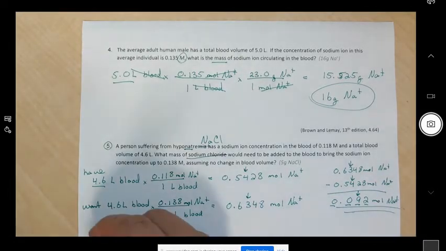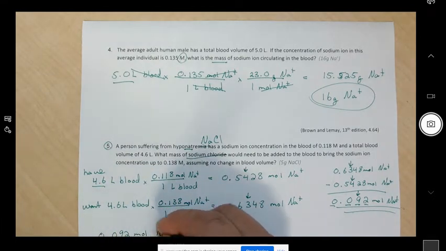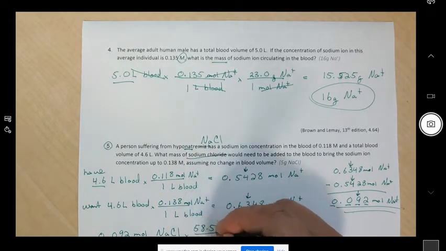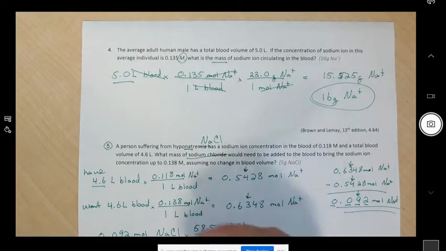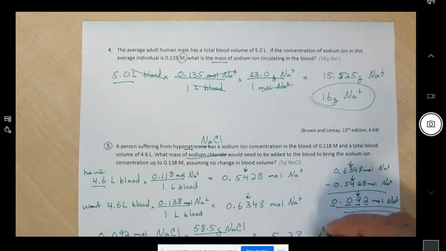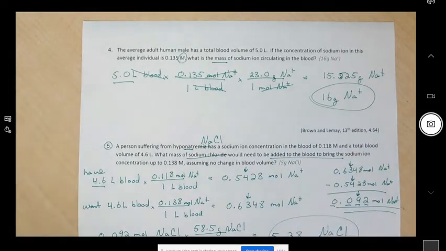So I'm going to take my 0.092 moles of sodium chloride, and I know the molar mass is 58.5 grams of NaCl for every 1 mole of NaCl, and that gives me 5.38 grams of NaCl that I would have to add to the blood to bring my sodium ion concentration up to where I want it.